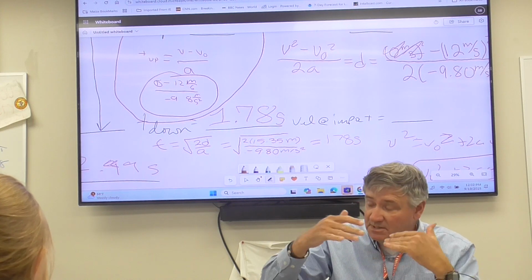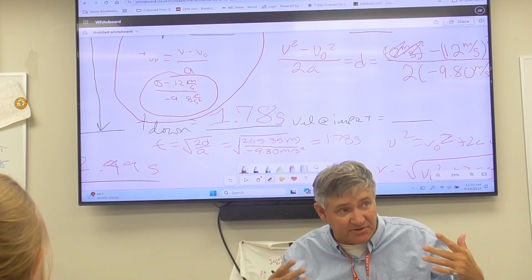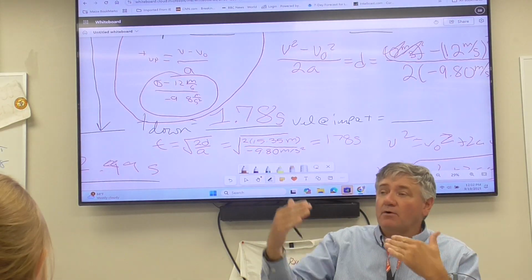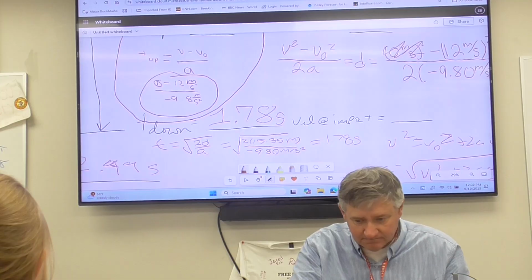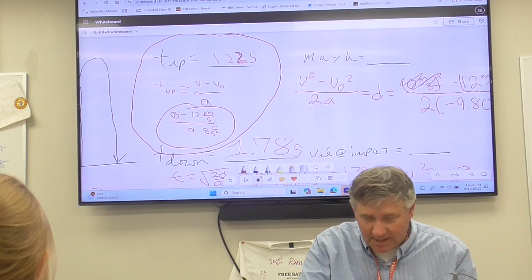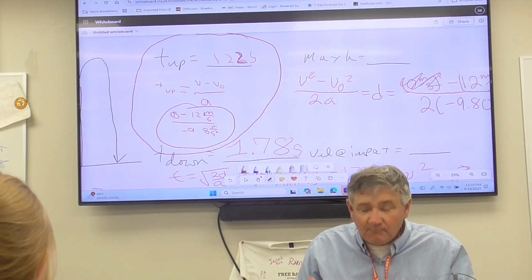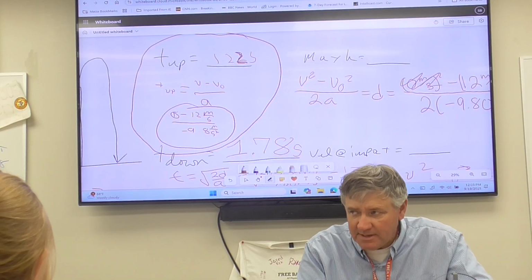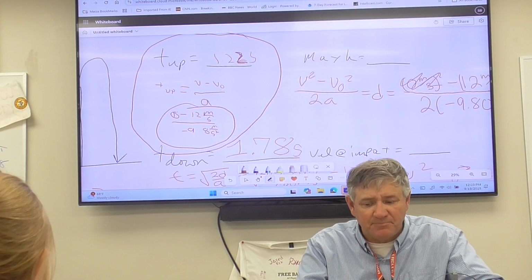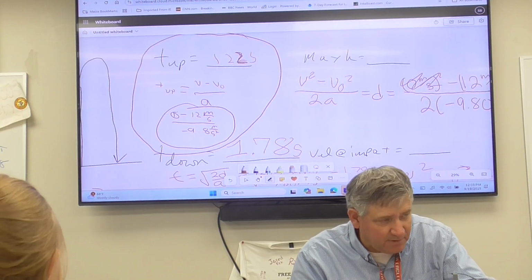Do you see physics as a tapestry? Do you understand how all of this fits together? So, I got the solved equation, I divided by 9.8, I got 1.22. Does it make sense that your time up is more than 1 second based upon an initial velocity of 12 meters per second?